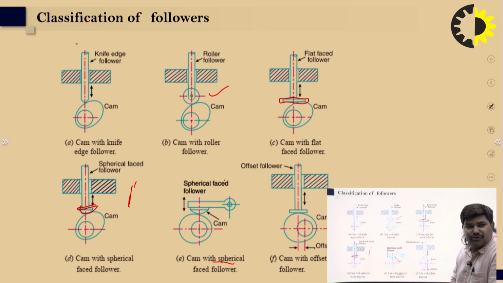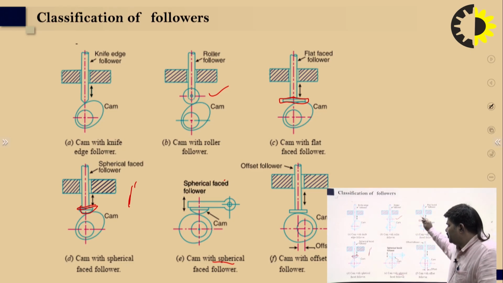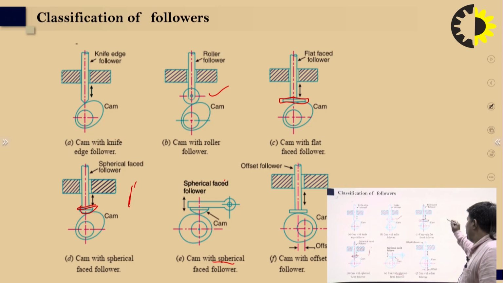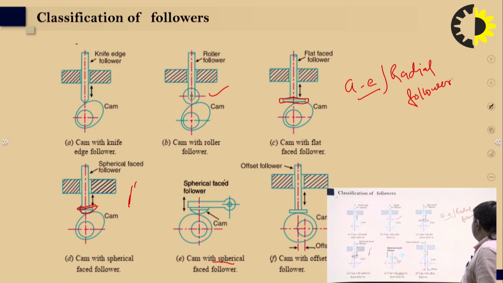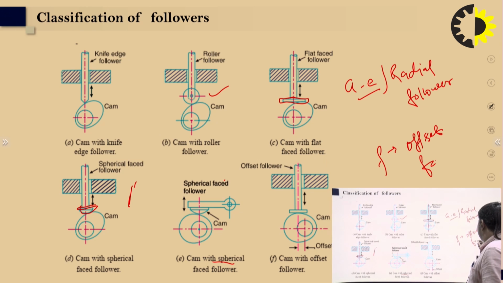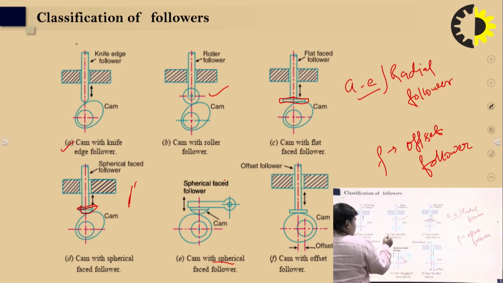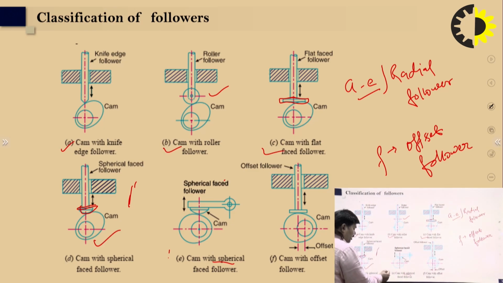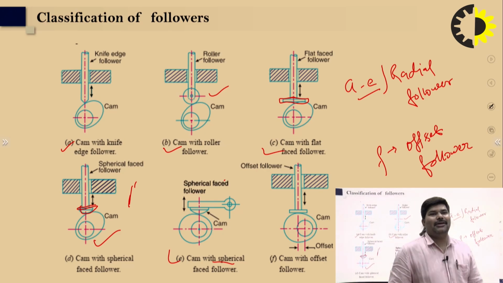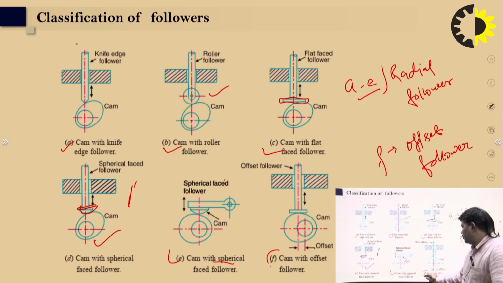So figures A to E, that is A, B, C, D and E, are known as radial followers, and figure F is known as the offset follower.